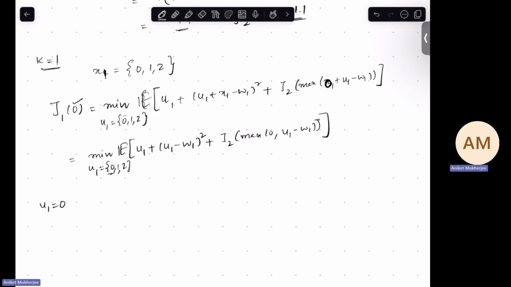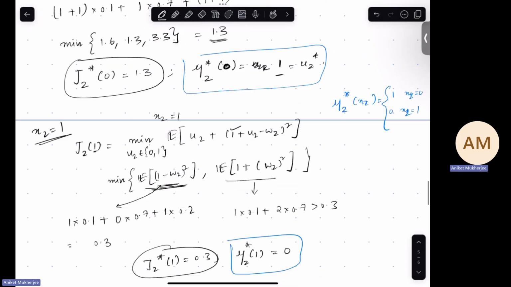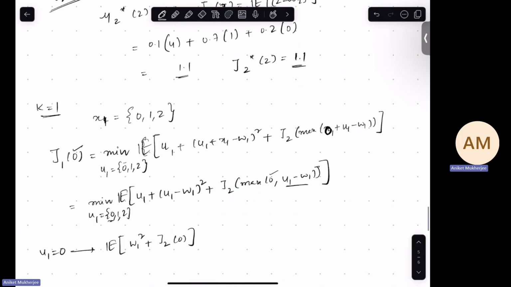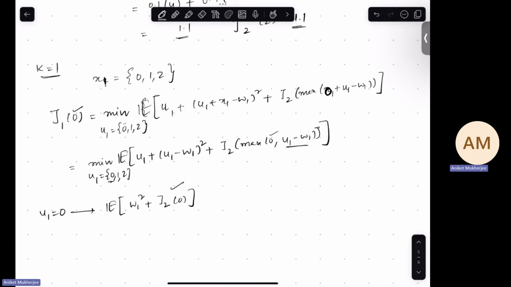So u1 equal to 0, you get expectation of w1 square plus J2 of 0. This will be 0 always because u1 minus w1 will be minus w1 and 0 will always be greater. So we had J2 0 star was 1.3, so this will become expectation of w1 square plus 1.3.